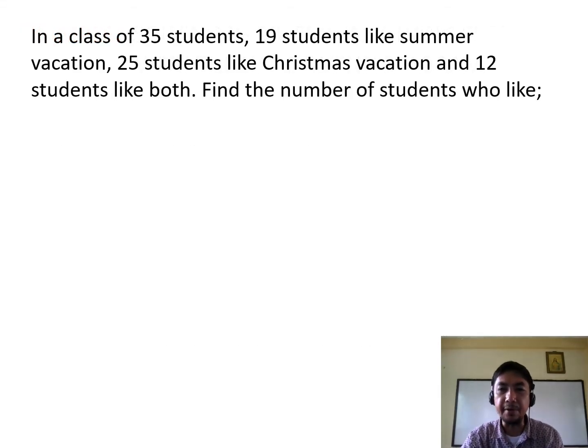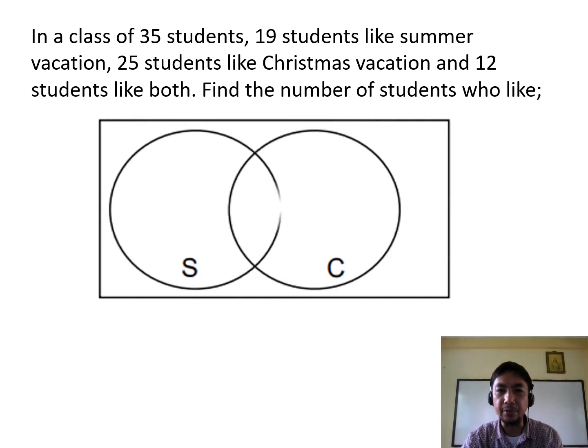So, what we are going to do is to draw a Venn diagram. Ang pinakamadaling technique dito, unahin po muna natin yung numbers na gustong parehas ang vacation, or summer vacation and Christmas vacation. That means 12 students like both. So, ilalagay natin doon siya sa gitna.